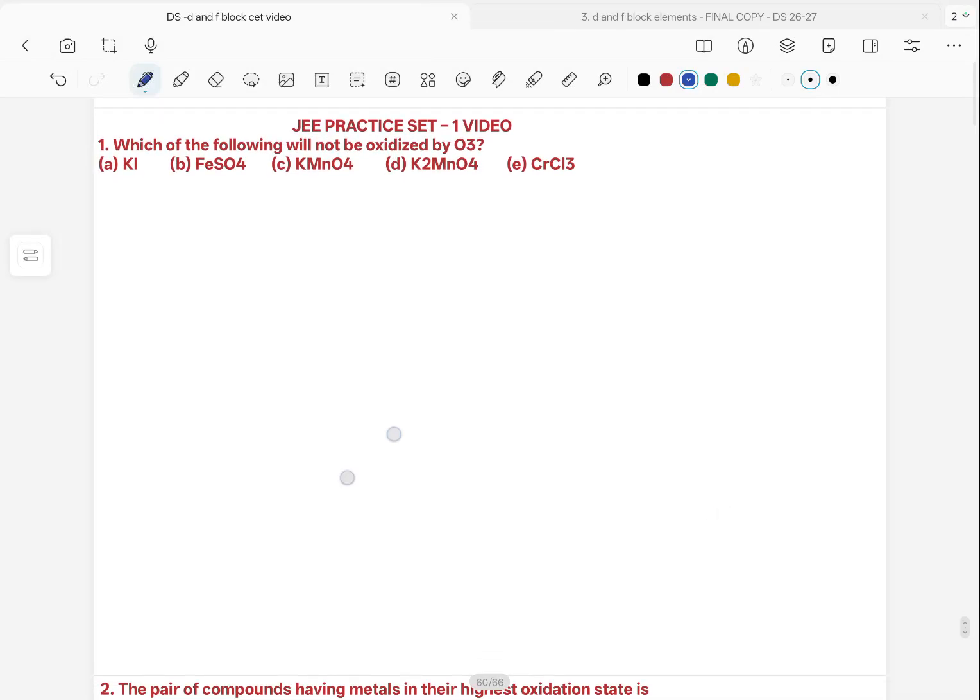The question is like this: which of the following will not be oxidized by O3? O3 is ozone. Ozone is a good oxidizing agent. Anything will get oxidized only when it is in a lower oxidized state.